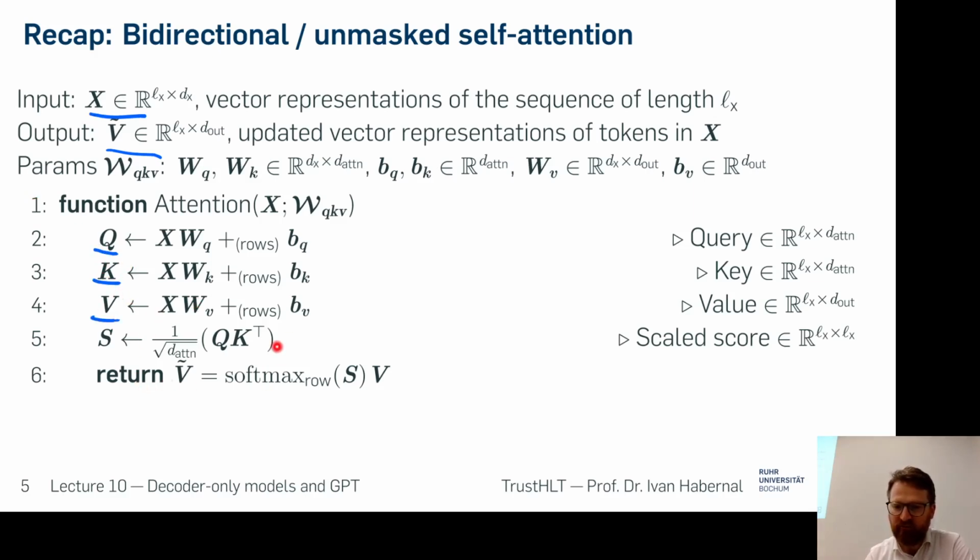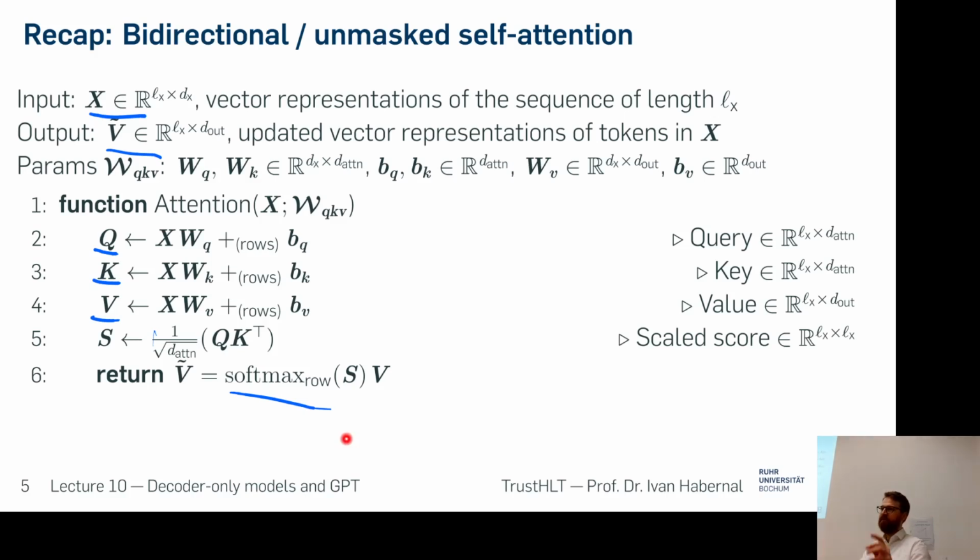Then here's the formula for doing these first two matrices multiplied, which means basically all these dot products between rows and vectors, rows and columns. And here's just some scaling factor for better stability.